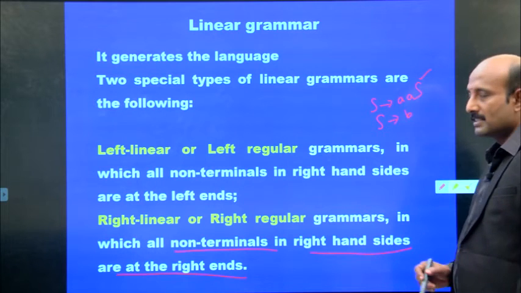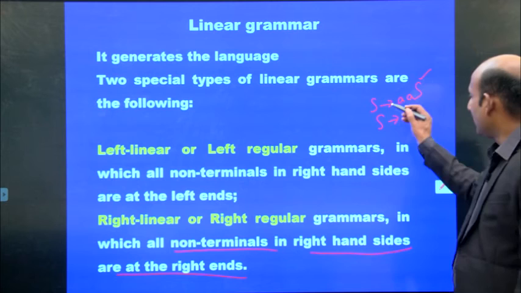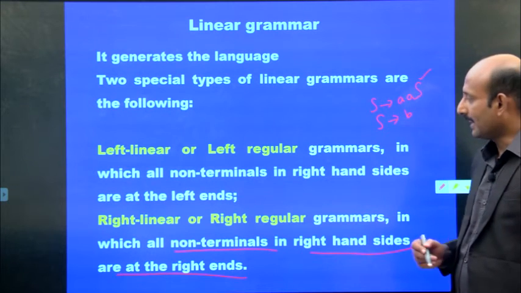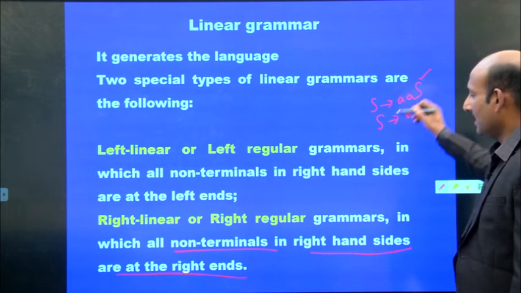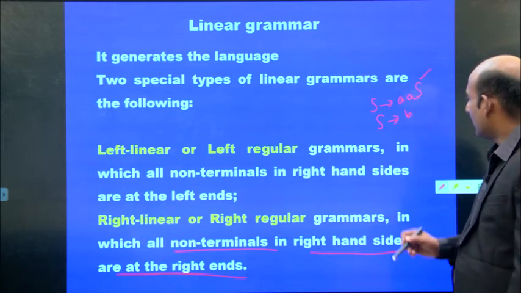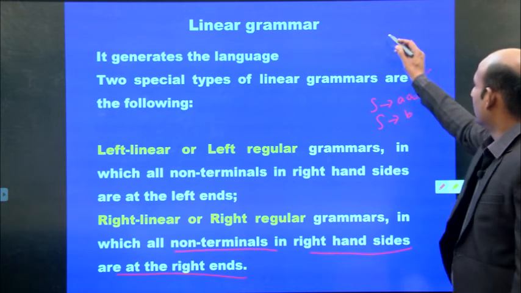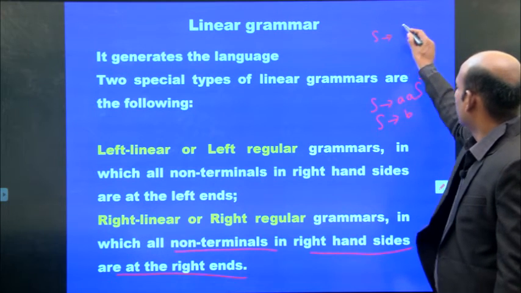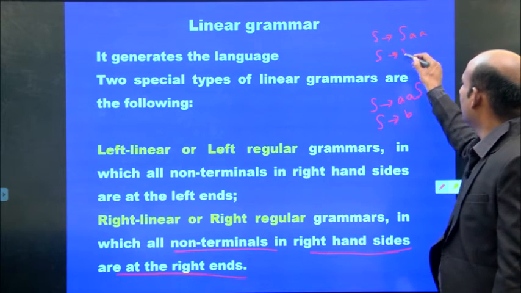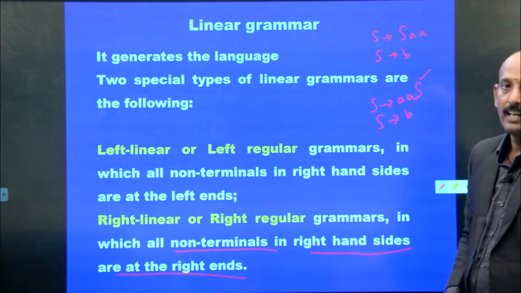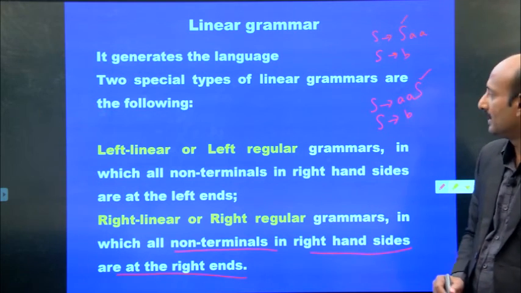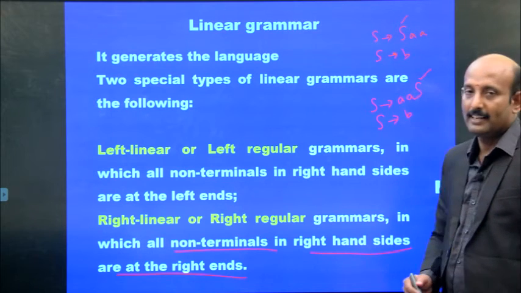Yes, the S is appearing on the right end of the right hand side. So the grammar is a right linear grammar or right regular grammar. Whereas, suppose the grammar is S tends to A like that and S tends to B like this, it is a left linear grammar. This is called a left linear grammar and this one is a right linear grammar.